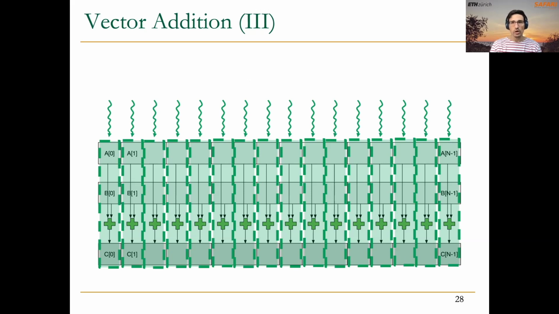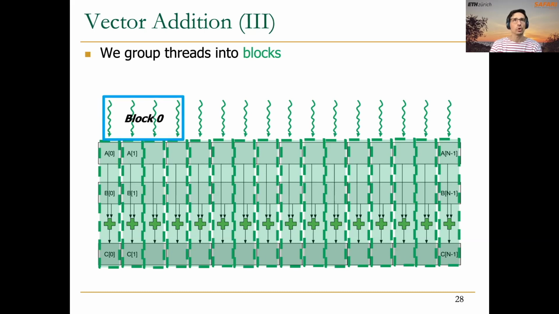And that's why we group threads into blocks, or thread blocks, or work groups in the OpenCL programming language. So for example, in this very toy representation, what we can do is say, okay, these 4 threads here compose block 0.